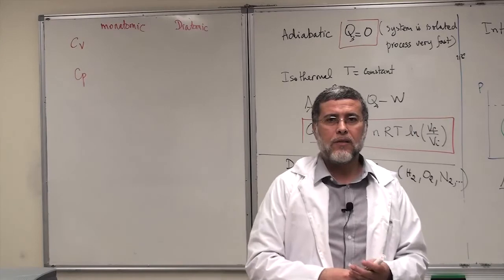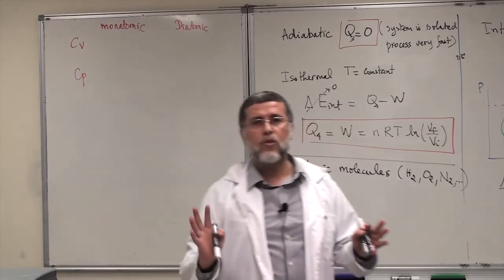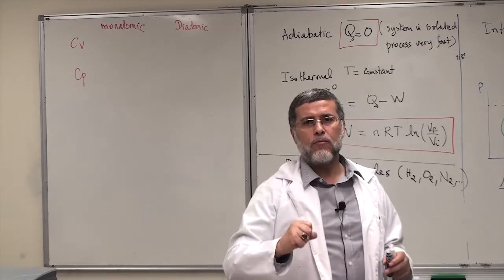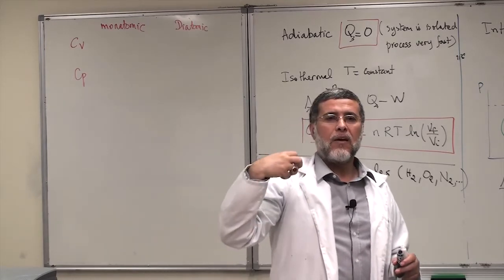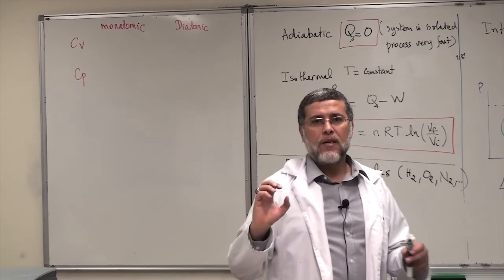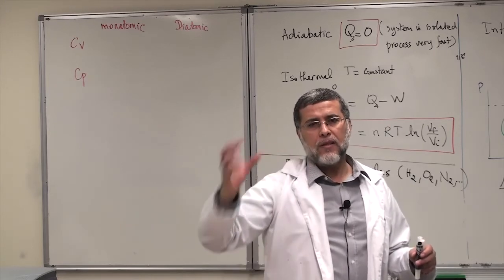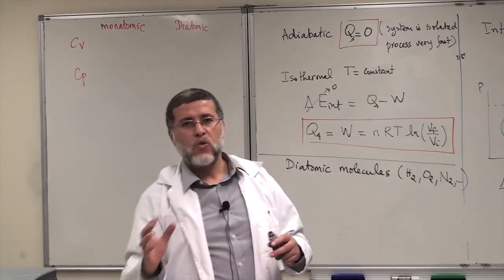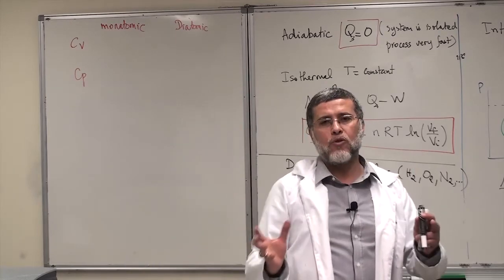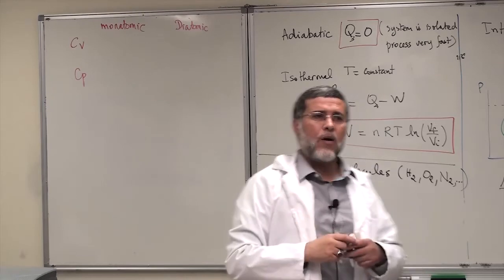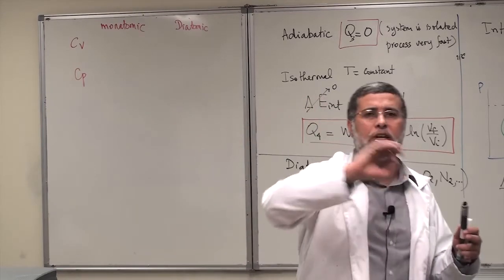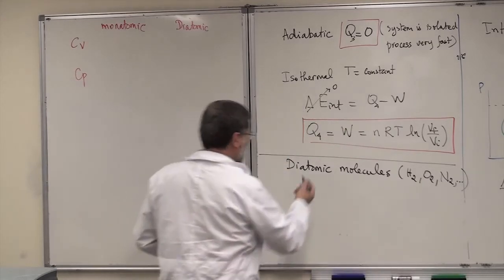Let me now discuss. Up to now we have discussed the monatomic gases, where the molecule is made of 1 atom and it has only translations. And we have seen half kT for each degree of freedom, for each direction. So for three-dimensional motion, we have three directions. Now let me go to a diatomic molecule.